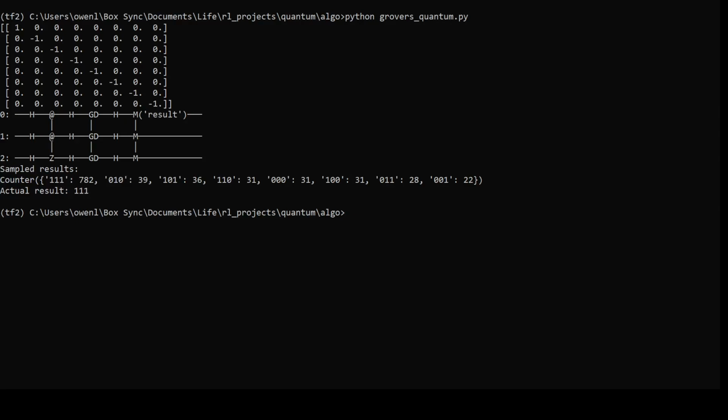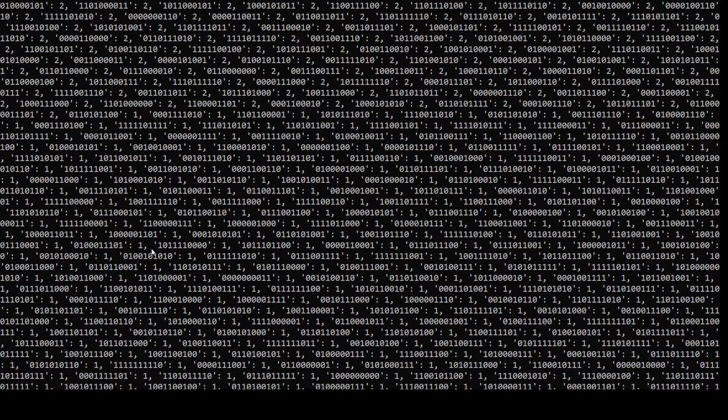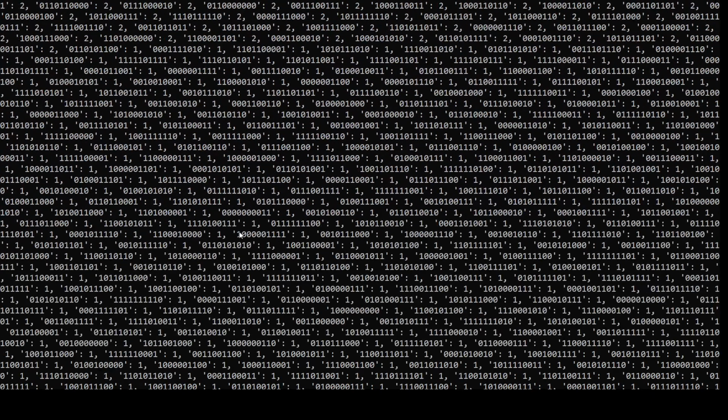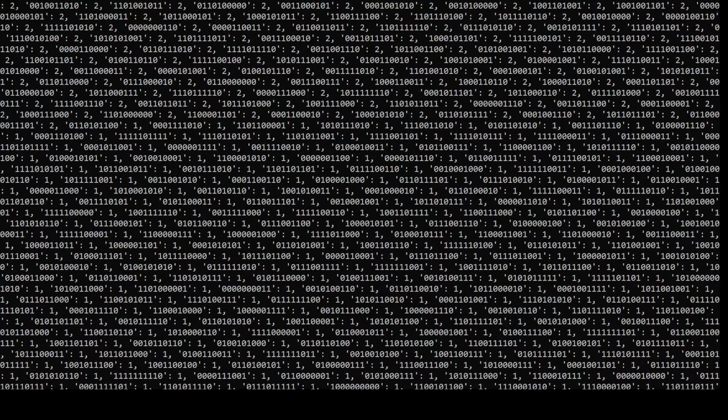Let's do this for maybe 10 qubits, and repeat it 3 times. We should expect to see a definite increase. Oh God, you can see there's a lot. Okay, maybe 10 qubits was a lot. Let's just do 5 qubits.